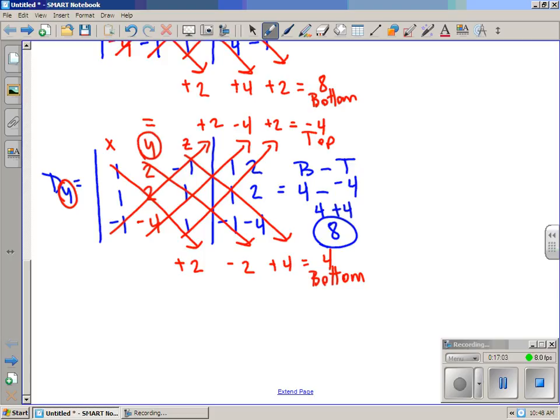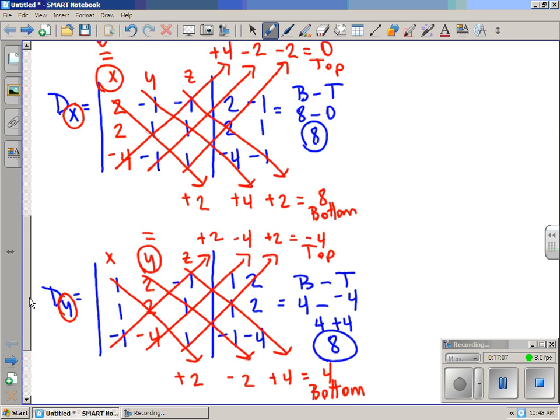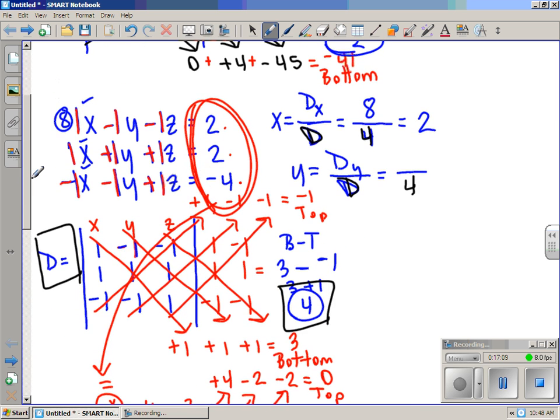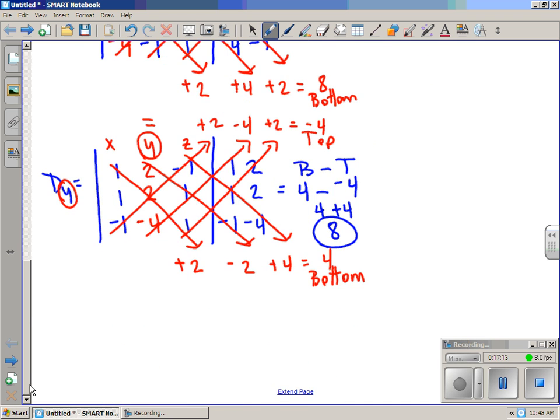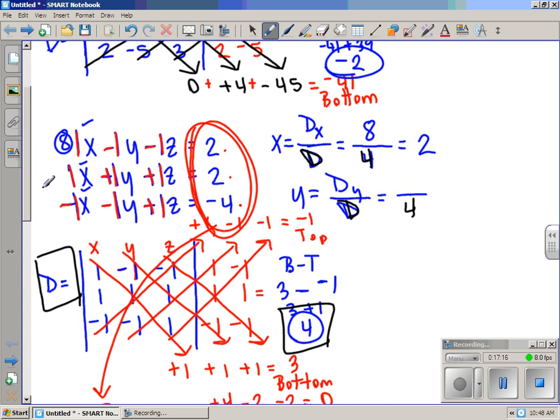Therefore, the determinant of y is 8. We go back to y equals dy over d. We now know that dy is, was it 8 again? 8. And to find the value of y is 8 divided by 4, which is 2.